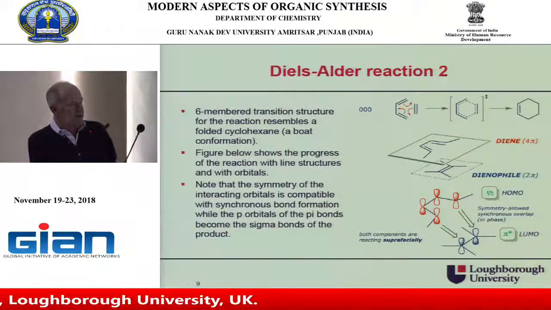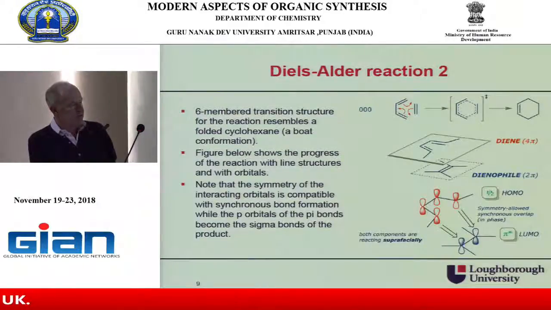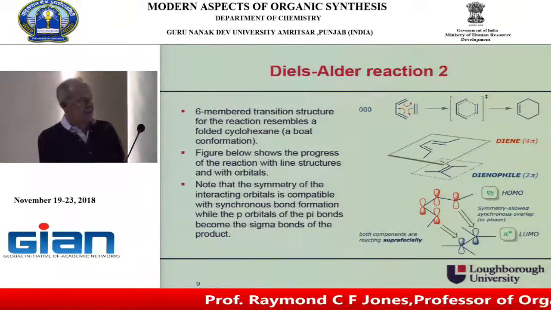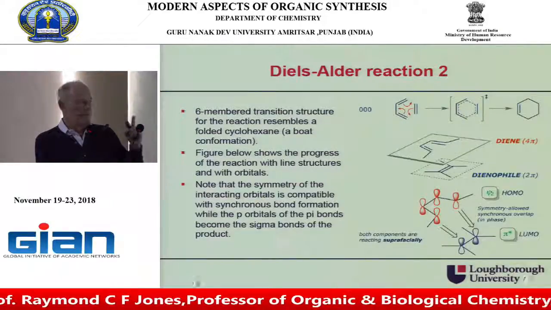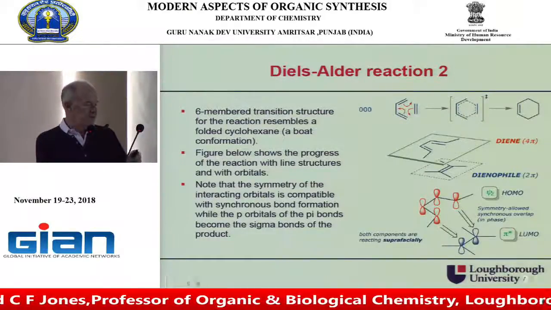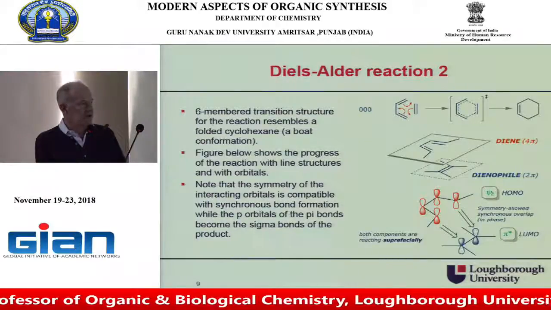Or in the orbital sense, here is our HOMO. I've drawn just the HOMO diene, LUMO dienophile, but as I showed last session, you could reverse that as long as one is the HOMO, one is the LUMO. So one is a filled orbital and one is empty.